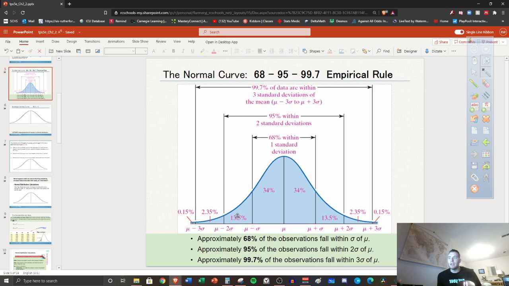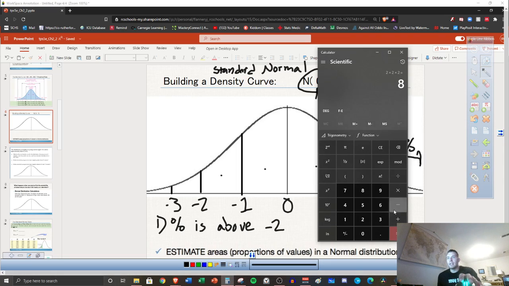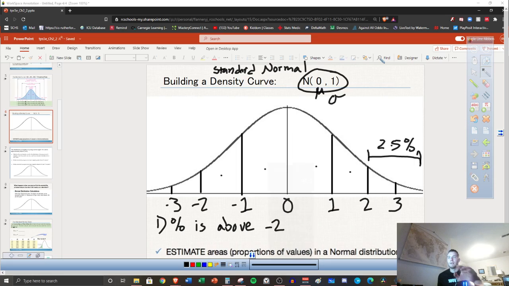We're just going to add all these up: 13.5 plus 34 plus 34 plus 13.5 plus these. There are so many fast ways you can do this. We know that this area, this area, this area, and this area is 95%, so I just need this area to help me out. Well, that is 2.5%, if we remember. So let's just add that up: 95 plus 2.5 gives us 97.5.